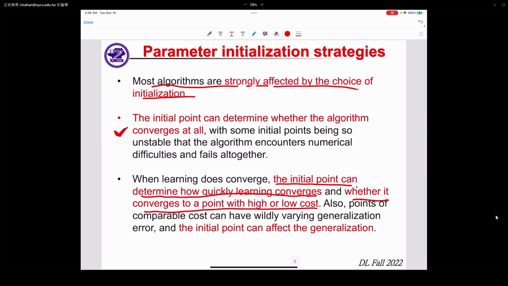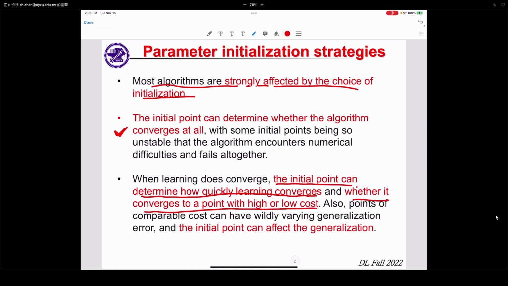Starting from here or starting from somewhere nearby? So using that analogy, you can find it is much easier if you choose a very good initialization.